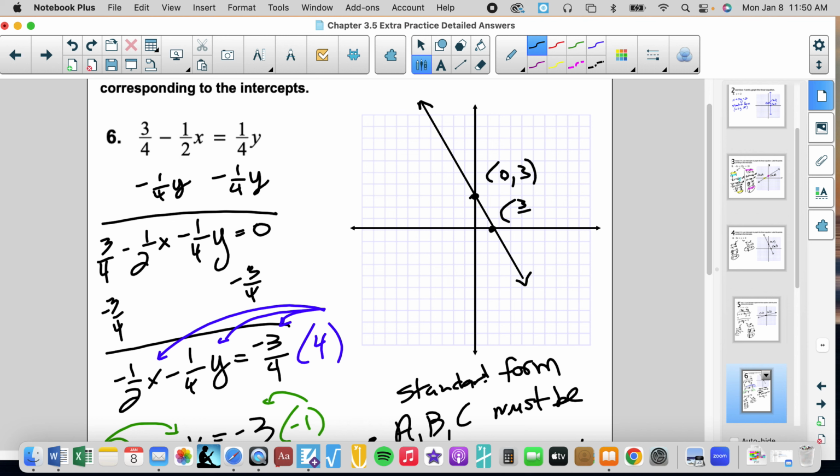And so 25x is the total money for sweatshirts raised. Total money raised. Good.